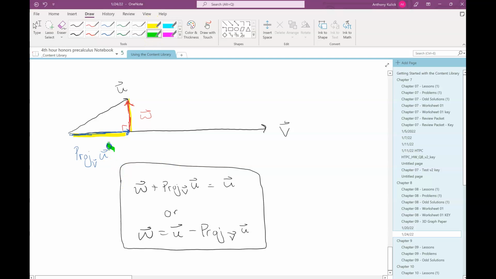So the big question left is, okay, how would I calculate this projection then? Well, we have a formula for that.